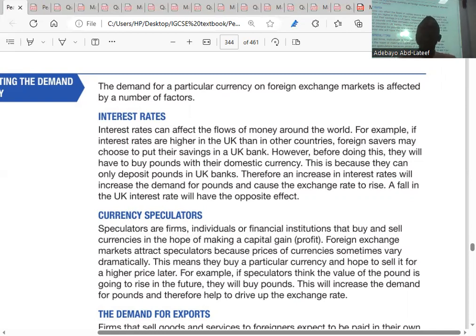A lot of people that want to save, that want to enjoy that high interest rate, will come from other countries to save in Libya. When they come to Libya, they're not going to save pounds or dollars. They're going to have to save the Libyan currency, which is the dinars. So they need to buy more dinars to be able to save in the Libyan bank.